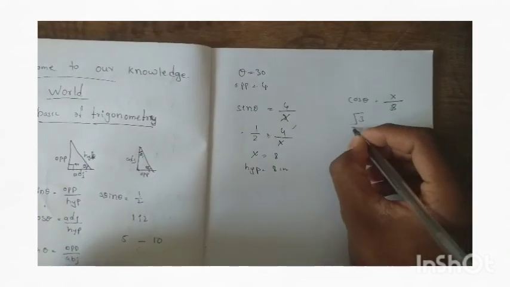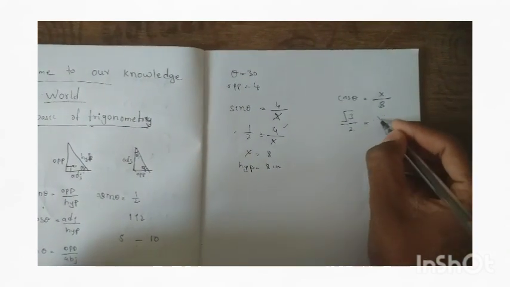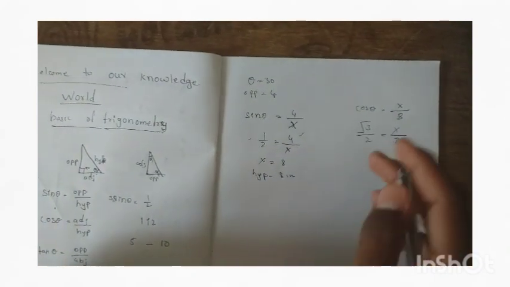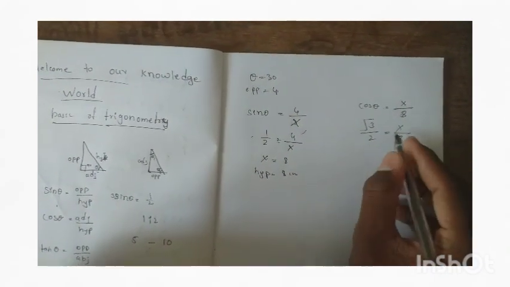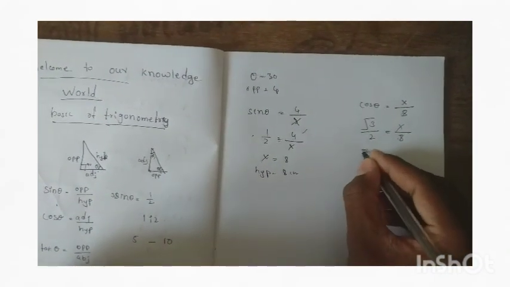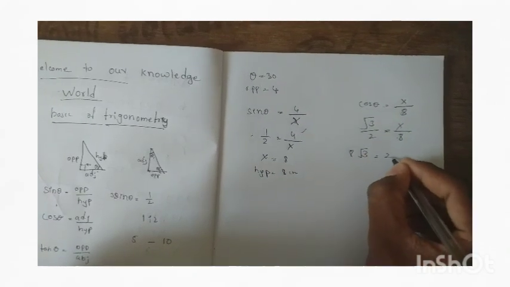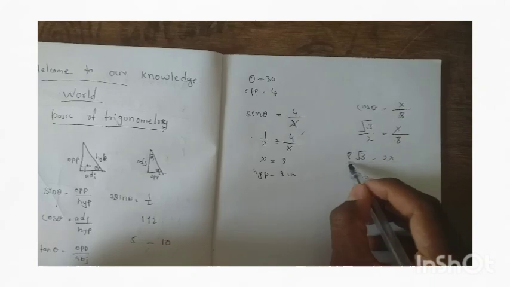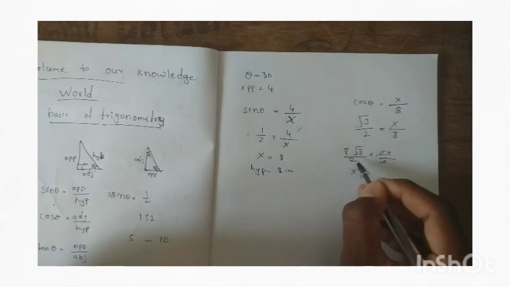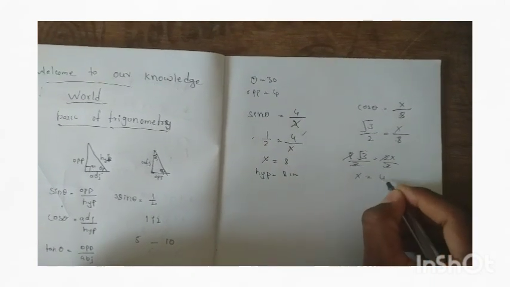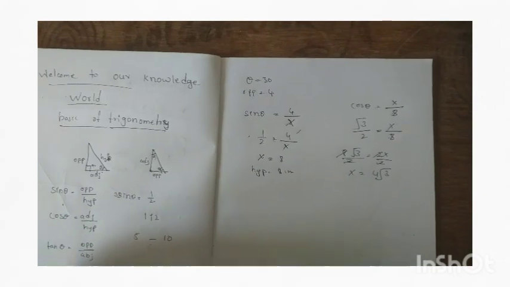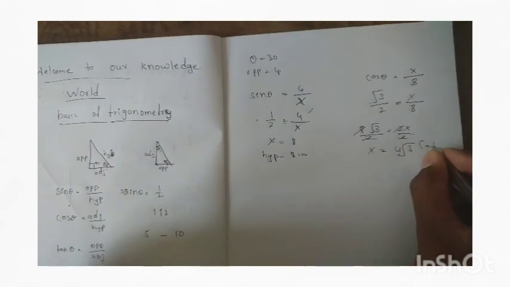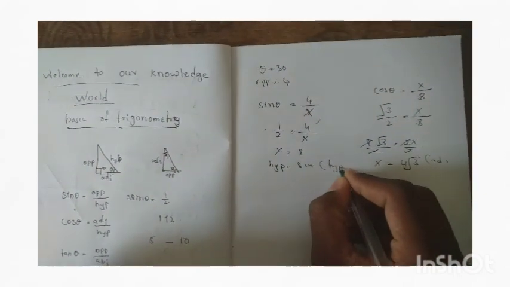So root 3 by 2 equals x by 8. If we cross multiply, we get root 3 into 8 equals 2x. Then dividing both sides by 2, we get x equal to 4 root 3. Then this is the adjacent side, and this is the hypotenuse.